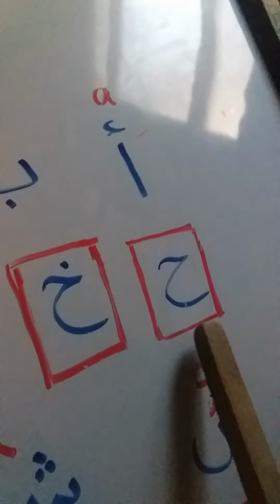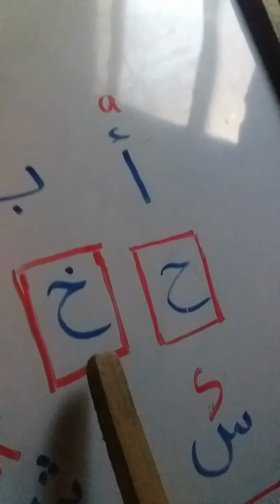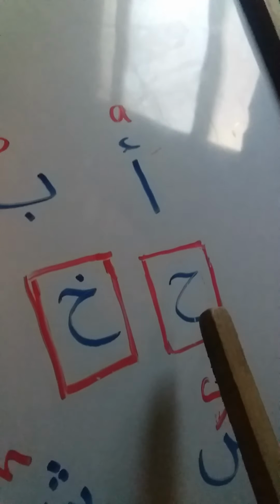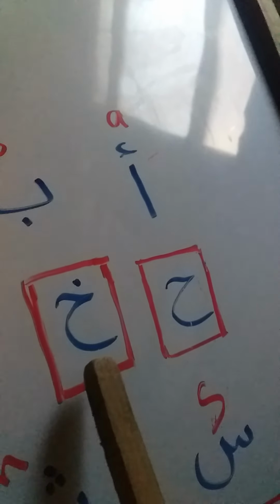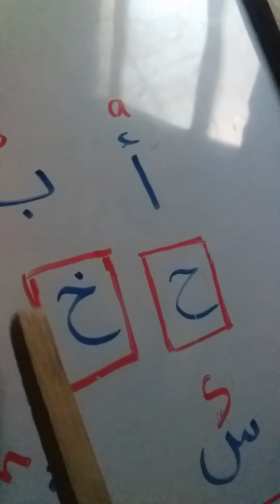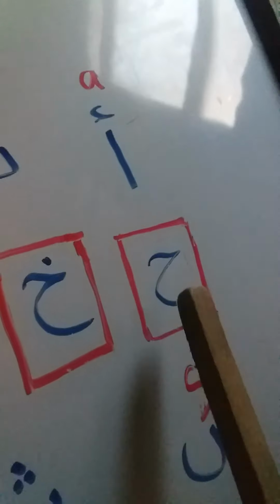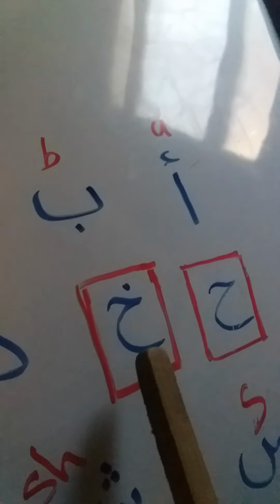But Ha is a light letter and Kha is a heavy letter. What's the difference between a heavy letter and a light letter? In making a heavy letter, we don't make a smile with our face. But in Ha, the mouth has the shape of a smile, but in Kha, no.